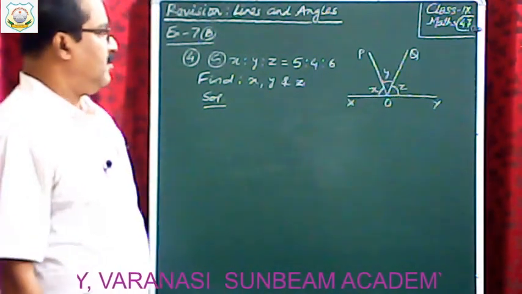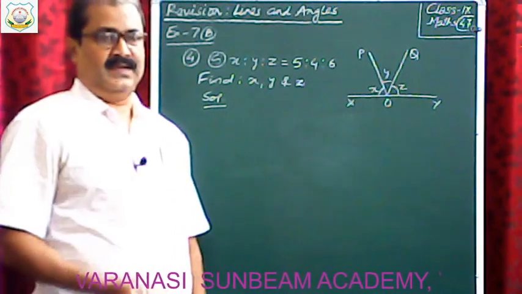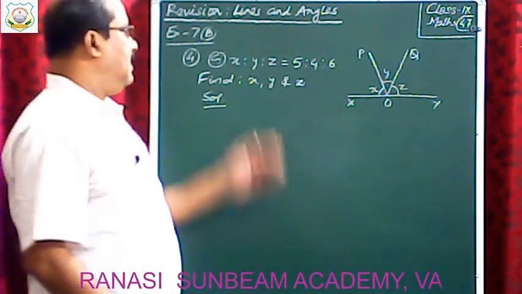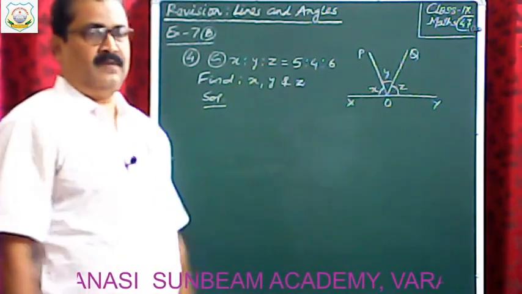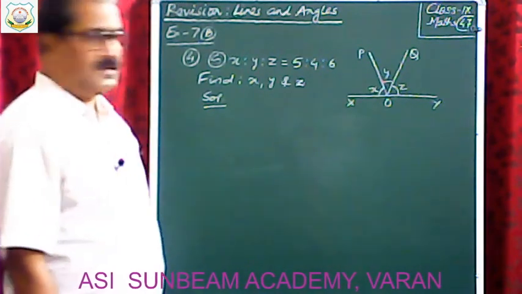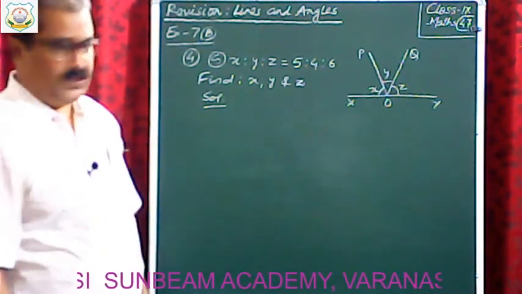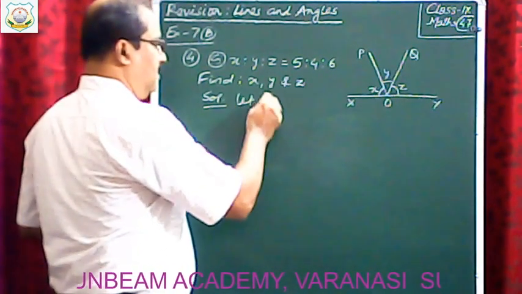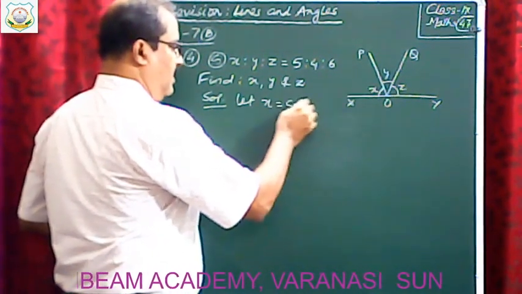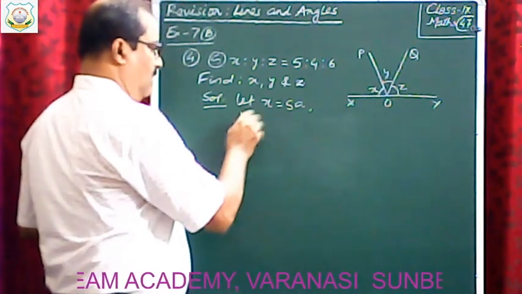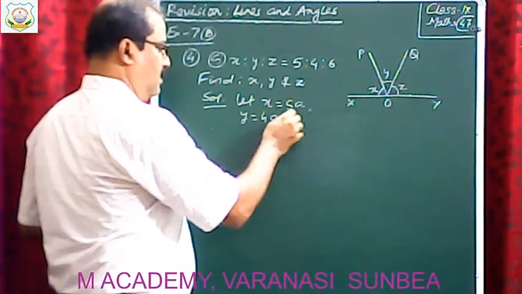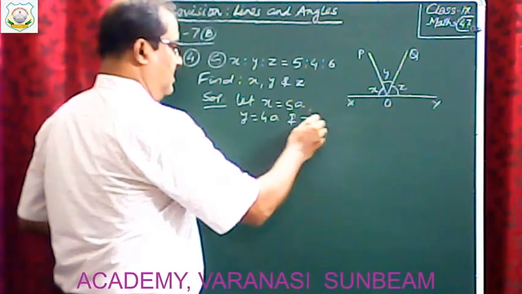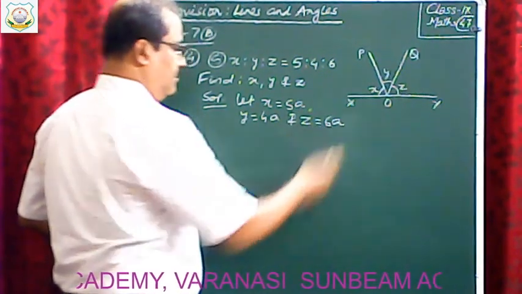So x plus y plus z equals 180 degrees, and x, y, z are in the ratio 5 : 4 : 6. First of all, you have to break the ratio, and thereafter proceed. So let x equal 5a, y equal 4a, and z equal 6a.